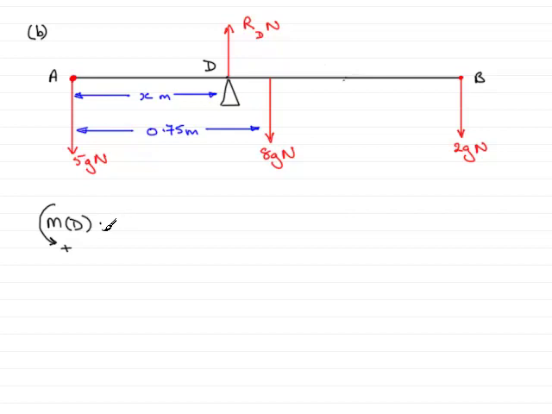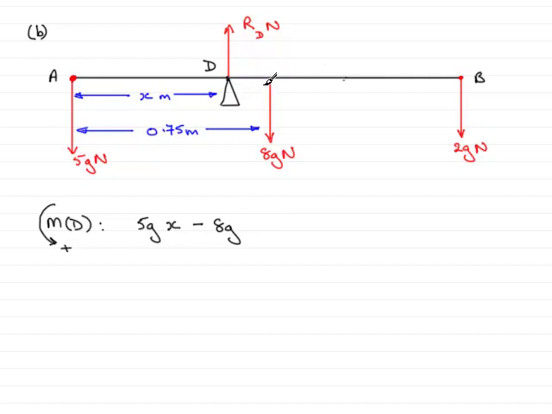So taking moments then about D, it's going to be 5g, the force, times x, as I mentioned there. Then we have the 8g newton force, and it's going to be turning in a clockwise direction about this point here. So that would be a minus 8g, the force, times the distance.